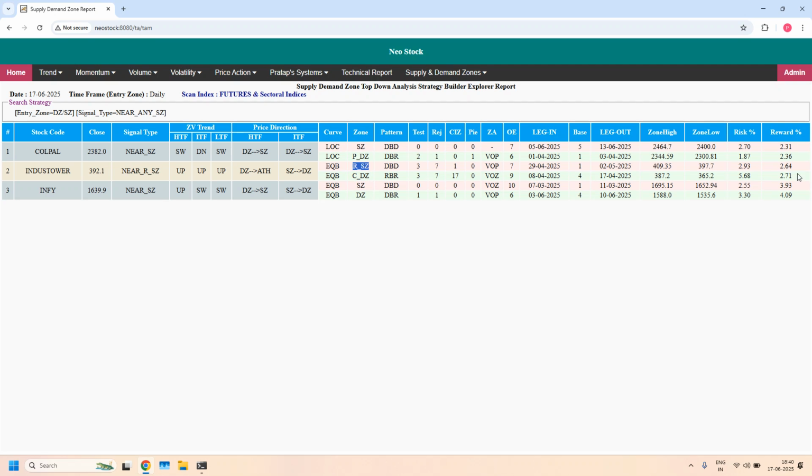The distance is around 2.5%, close to. So on either side you may get trade opportunities if the price moves by around 2 or 2.5%. Okay, only one daily high liquidity supply zone we identified from this list.